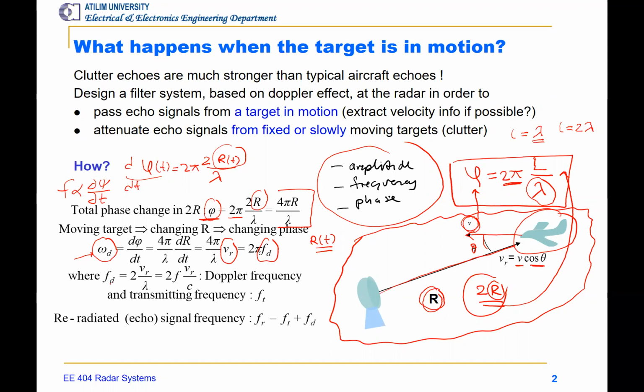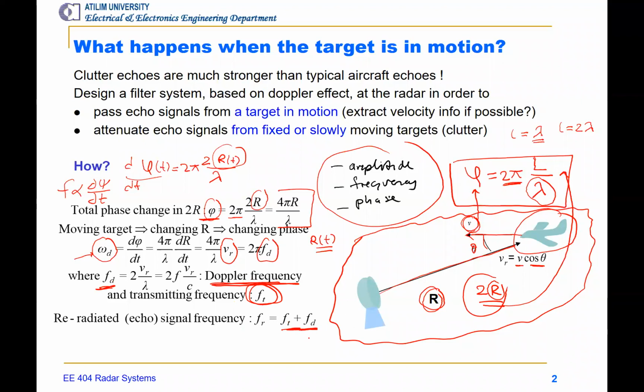Here, fd is defined as Doppler frequency. And when we transmit a signal at frequency ft, the echo signal will be a shifted version of this transmitting frequency by the Doppler frequency. So ft plus fd.